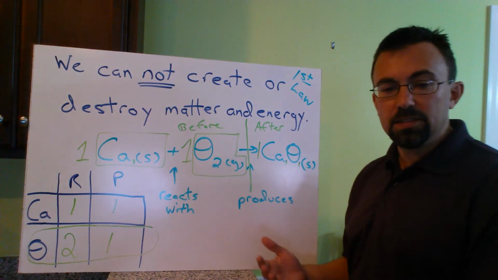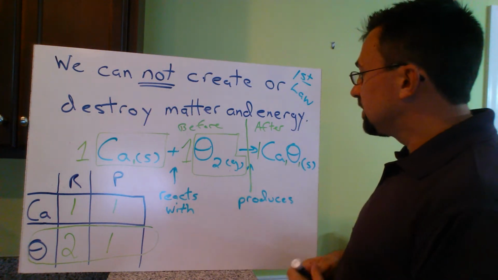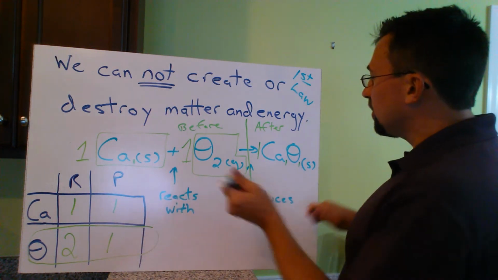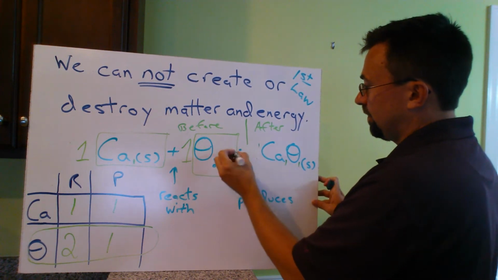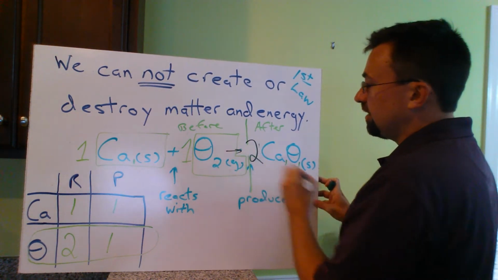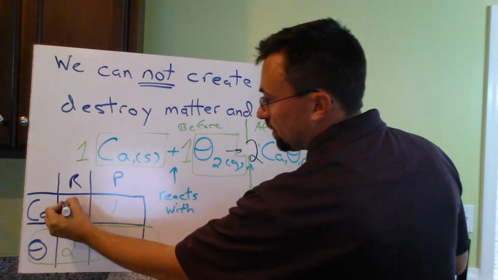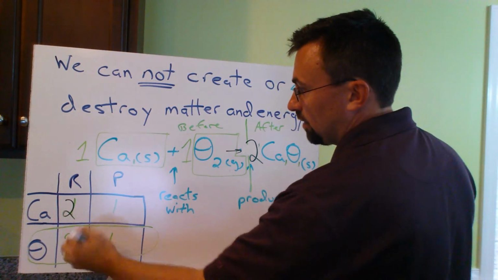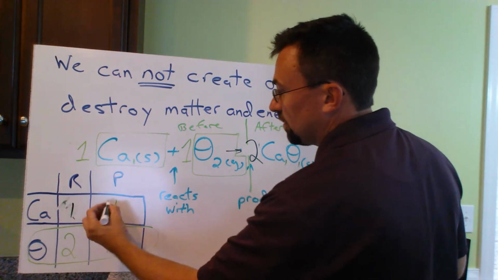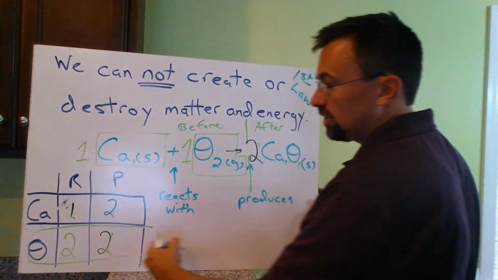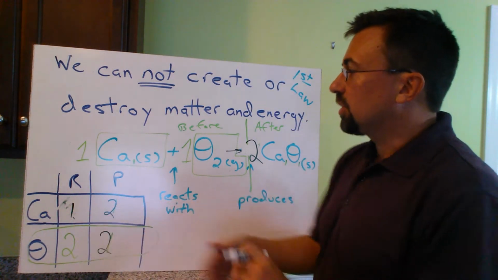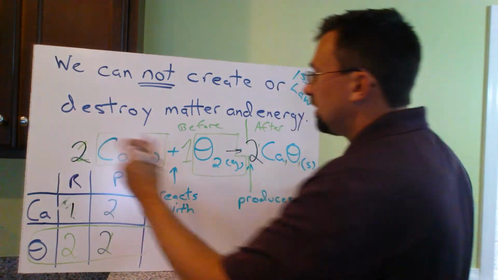Now there's ways to alleviate this, and you could say, well, we're missing oxygen, so we need more on the product side. So I'll put a 2 here, and that'll give me 2 calciums. Oh, sorry. This will give me 2 calciums and 2 oxygens, so the oxygen's good. Now I need more calcium, so I'll put a 2 here, and I'm all balanced.